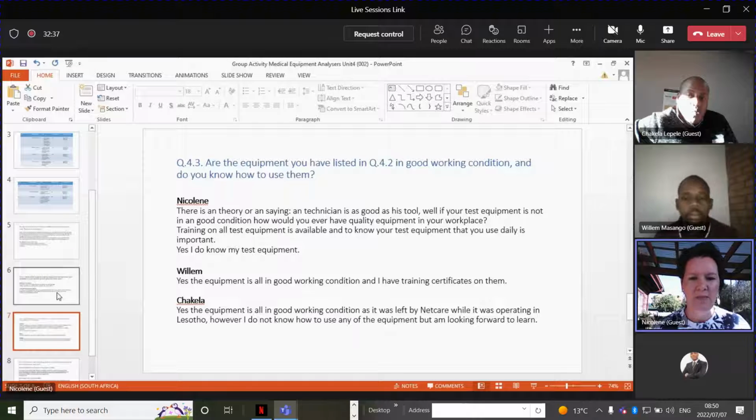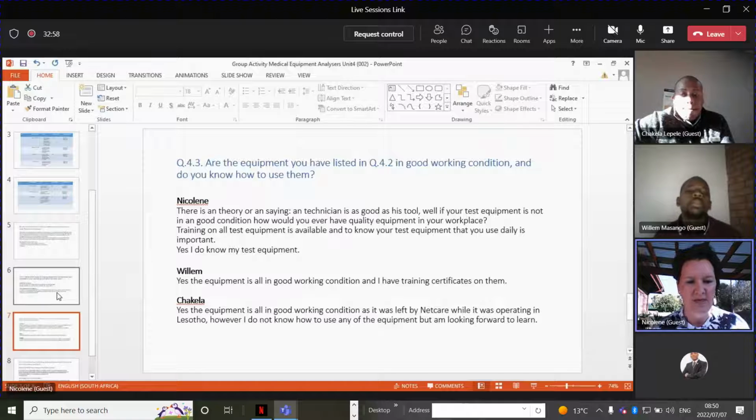So if your test equipment is not in a good condition, your equipment will fall behind. That's how I see it. Training on all of this equipment is available online, and we all had training when we received the equipment to use it on a daily basis. So yes, I do know all the equipment.